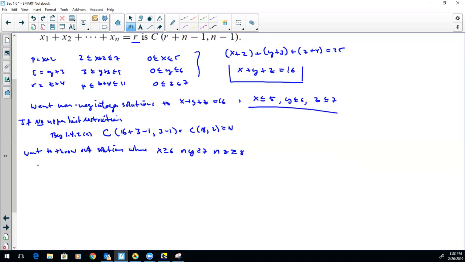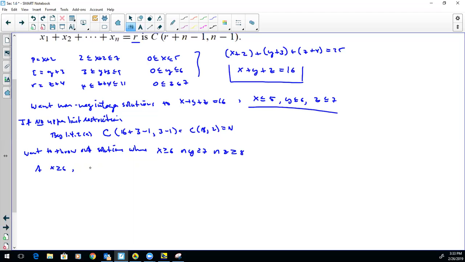First, let's look at our first set A, where the x's are greater than or equal to 6. We're just looking at x greater than or equal to 6.